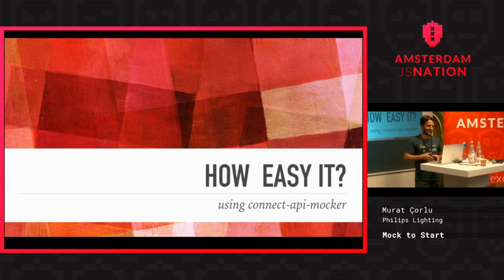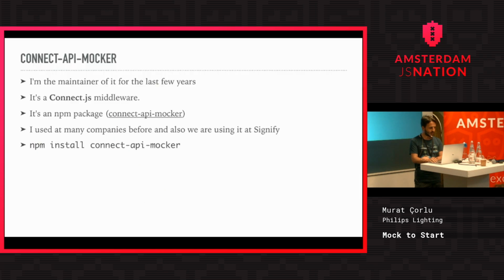Okay, I think everybody is convinced about using a mocking approach, but how easy can it be? Is it easy to implement? How much overhead will we have? We have a library that I created nearly 5 years ago when I was in Istanbul, when I was working for Sahibinden.com.